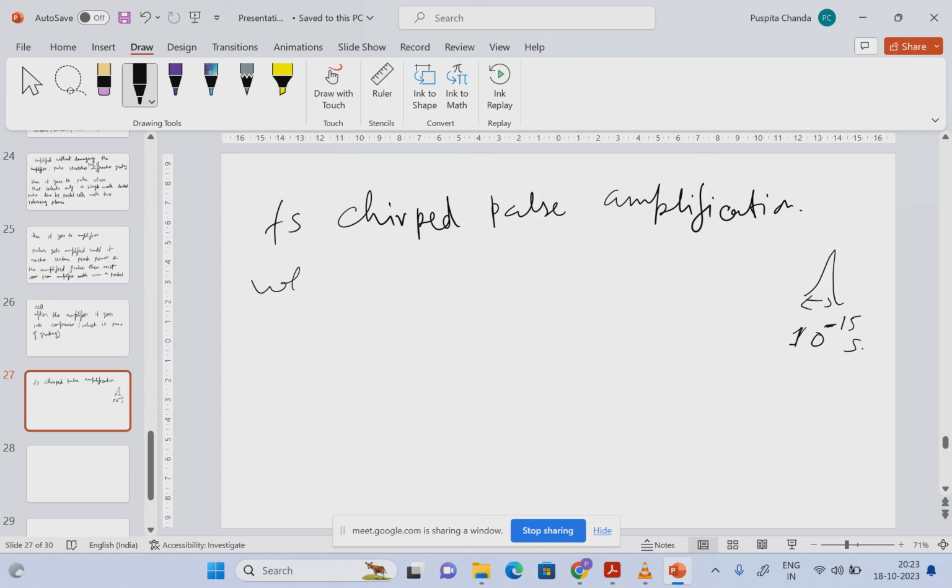Second, what are the criteria of the pump laser?